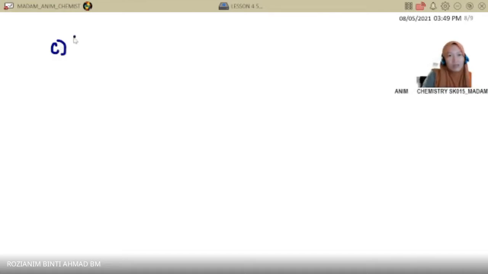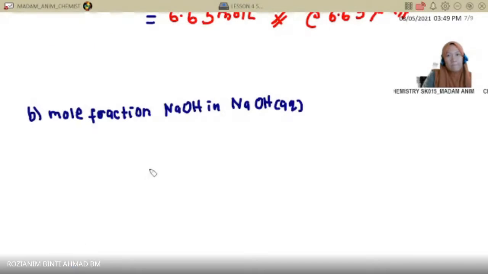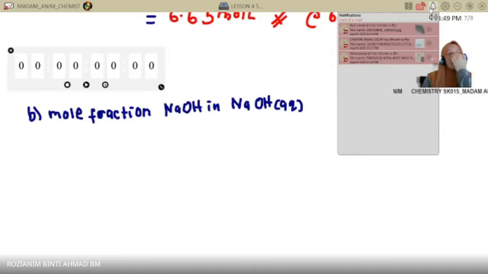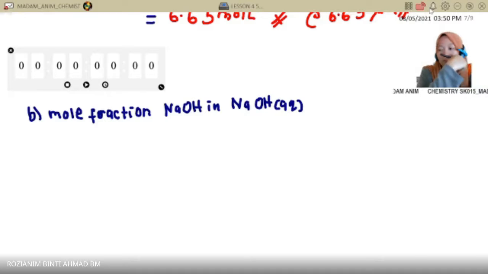Okay, so for C here, it asks for percentage by mass. Okay, Avinesh, percentage by mass. Hazira will show us the mole fraction. Okay, try. The others, please do it.